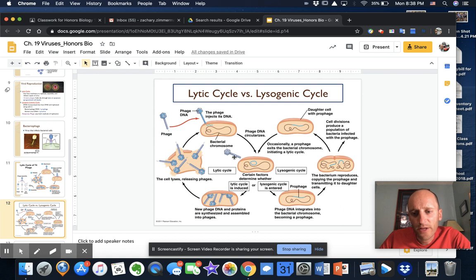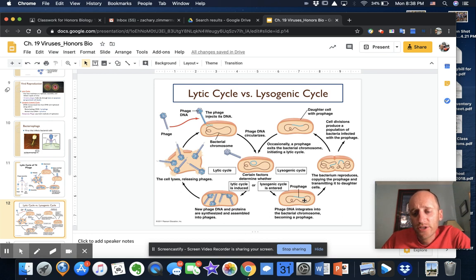On the other hand, there's a lysogenic cycle, and that involves an integration of the viral DNA in this case. You'll notice when we go from the left to the right, we have the host cell DNA, the viral DNA, but if you go further to the right here, viral DNA is integrated, or incorporated, into the host cell DNA.